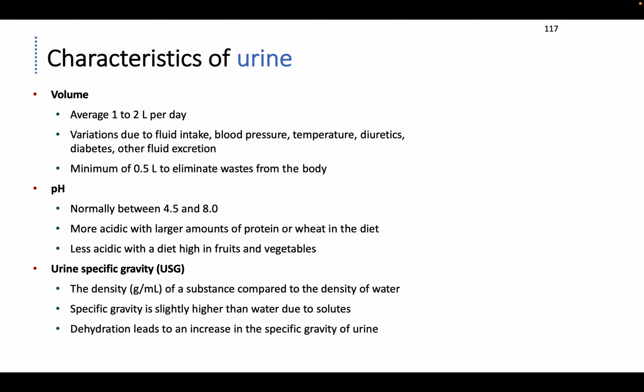ADH is not influencing solute reabsorption, but just water. And so in this case, you would have an increase in the urine specific gravity because you're decreasing the amount of water relative to the number of solutes, right? So keep all of these things in mind when you're studying, when you're looking at urine, and whenever you're thinking about what factors can influence the characteristics of urine, right?